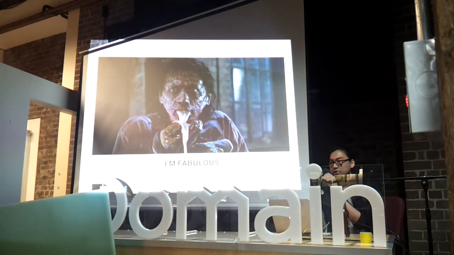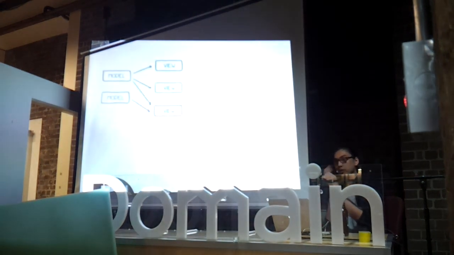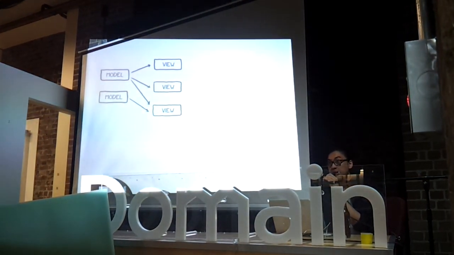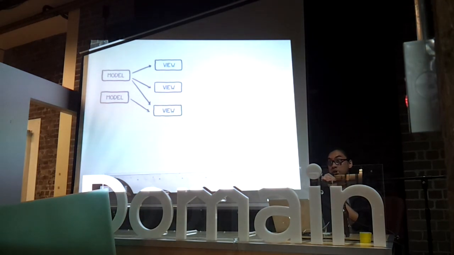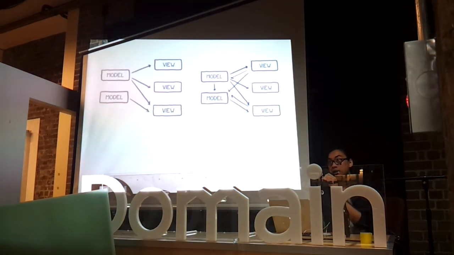This is fine if you're working with a relatively small application because it's easy to track mutations, easy to track change. But as your application grows, as there are more models and more views, things become more complex, harder to check, harder to trace, harder to debug, frustrating for everyone, right?